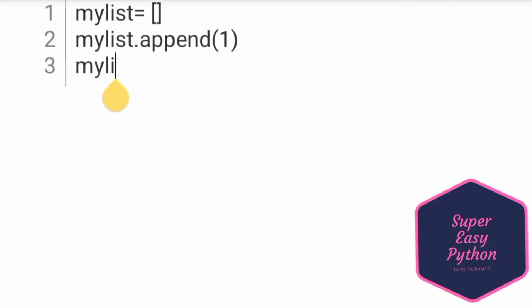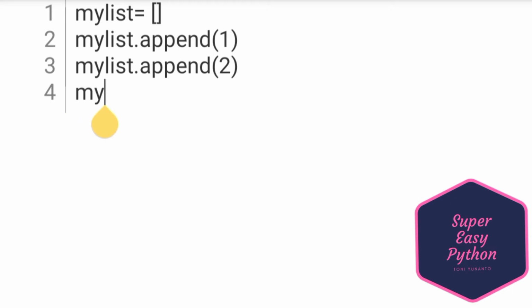My list dot append bracket 2. My list append bracket 3.